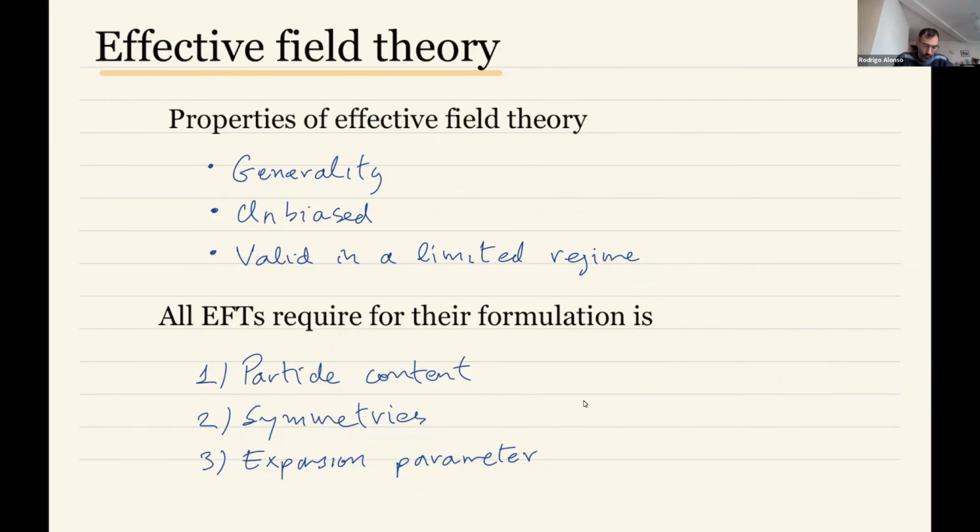And finally, you do need, as everywhere in physics pretty much, an expansion parameter to organize your computation. And so we'll be following this three-step program to build our Higgs effective field theory, just like you could build any other effective field theory.